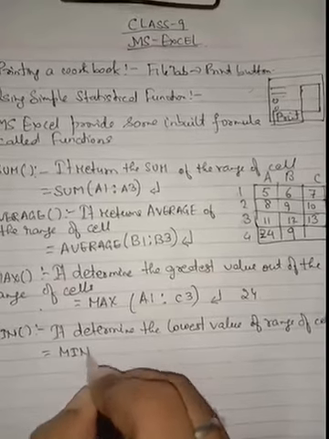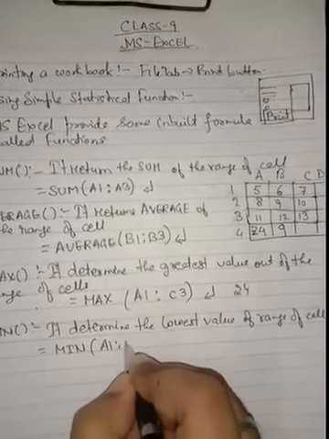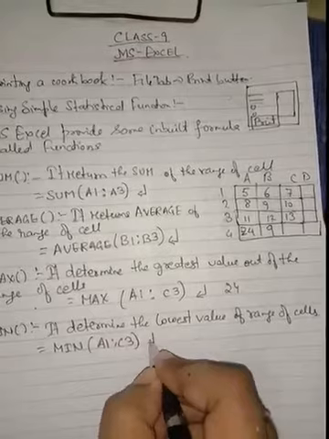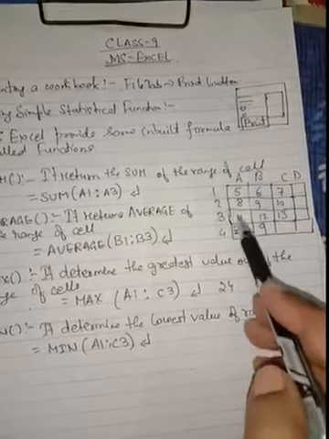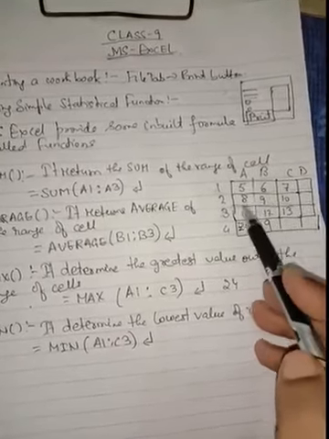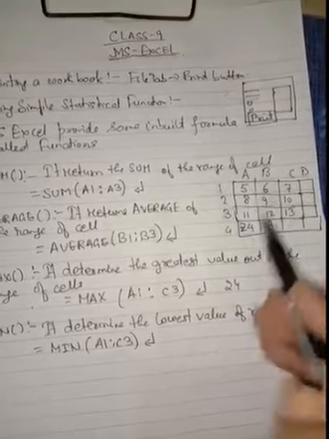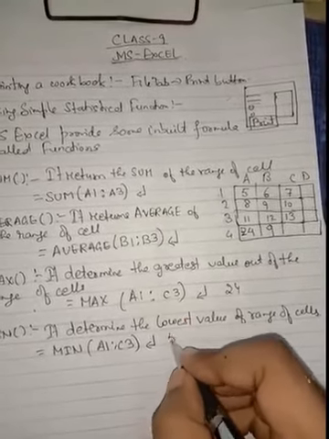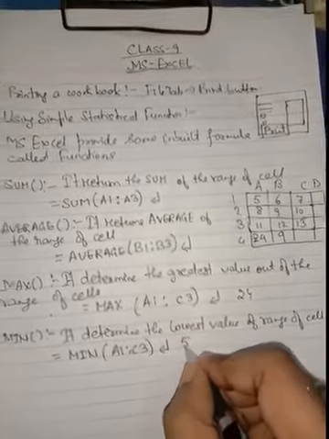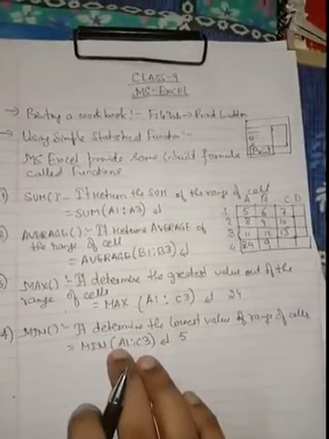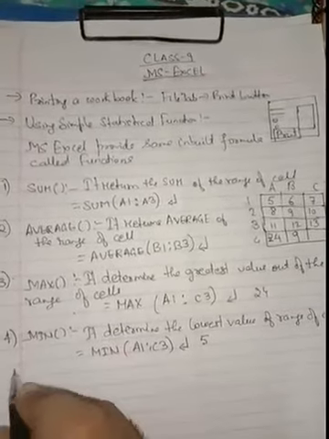Like I have written over here minimum A1 colon C3. So as soon as I write minimum A1 colon C3, what will be the lowest value over here? The lowest value is 5. So 5 will be the output over here. So the minimum is used to find the smallest value of the range of cell.